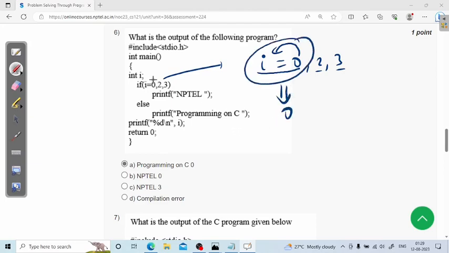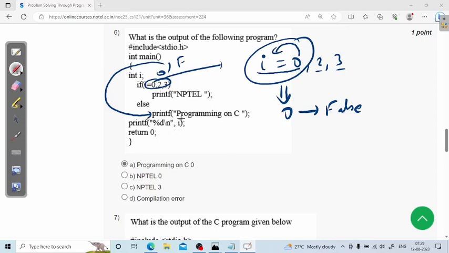So this if condition will consider the answer here as 0, and you all know if any condition is non-zero, then it is considered as true, and if it is 0, then it is considered as false. Okay, so in this case this is considered as false, and therefore we'll go and execute the else part.